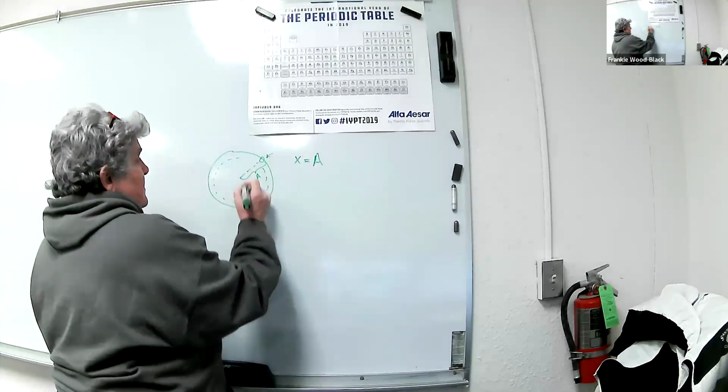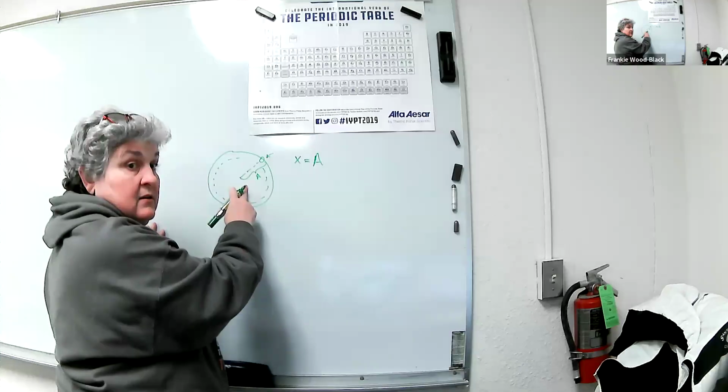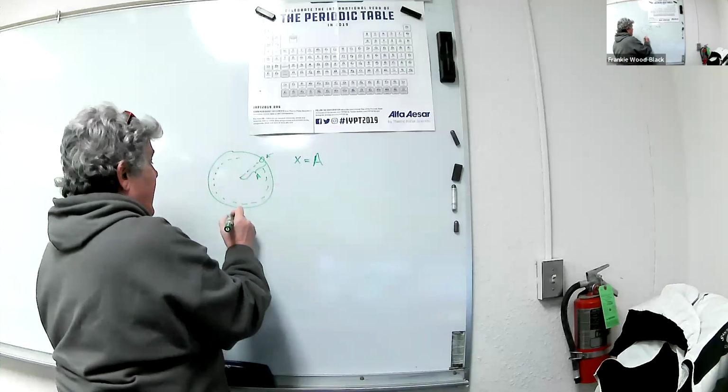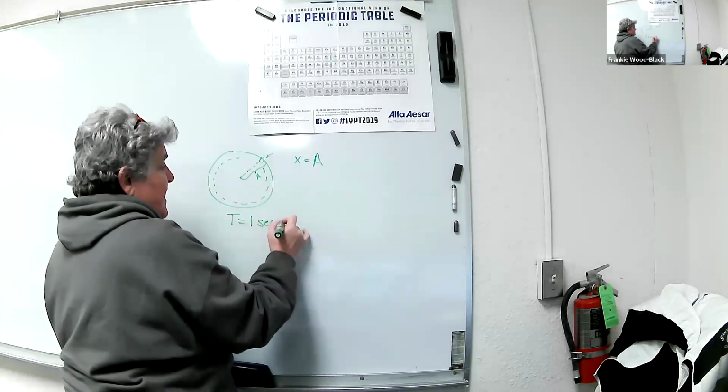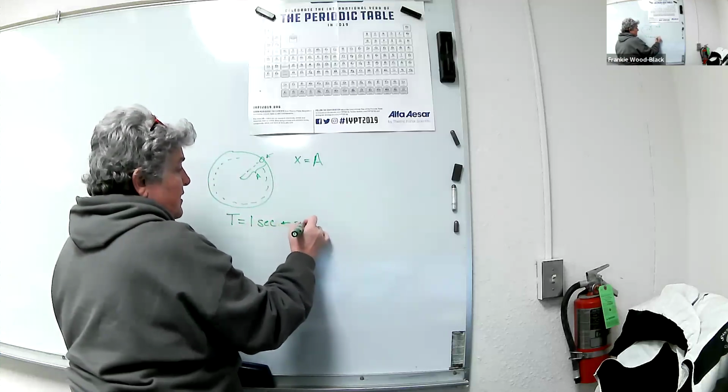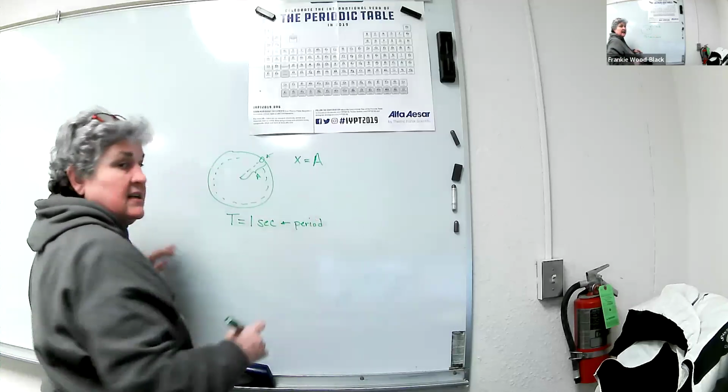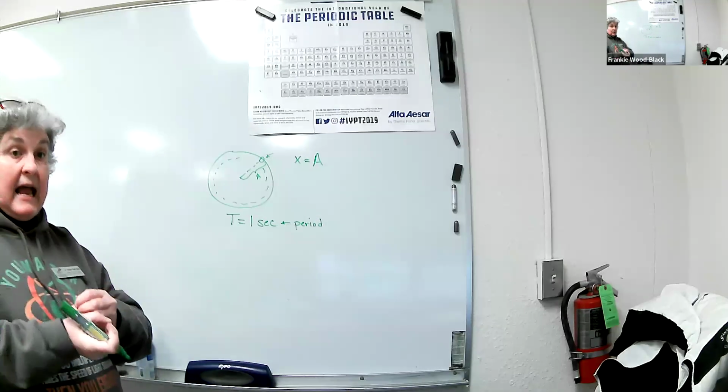We know that the period, if the second hand takes 1 second to go around, is 1 second. Remember, the period is the time it takes to do a complete cycle.